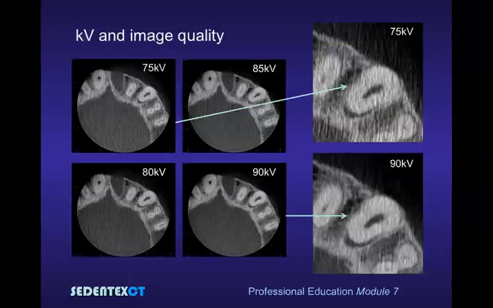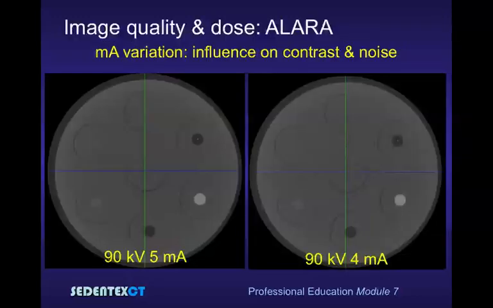Nonetheless, if you look at the 75 kilovolt Conebeam CT examination, we can still perceive quite a lot of detail. While this is not telling anyone to reduce all their exposures to 75 kilovolts, it does suggest that there is scope for reducing this exposure factor while maintaining adequate diagnostic quality.